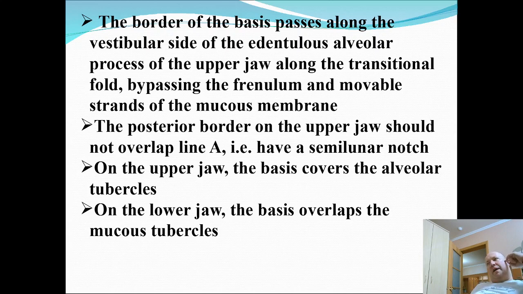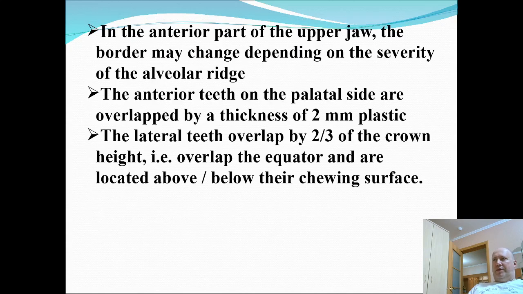After lost molars or seventh teeth. And on the lower jaw, the basis overlaps the mucosous tuberculus also. In the anterior part of the upper jaw, the border may change depending on the severity of the alveolar ridge.